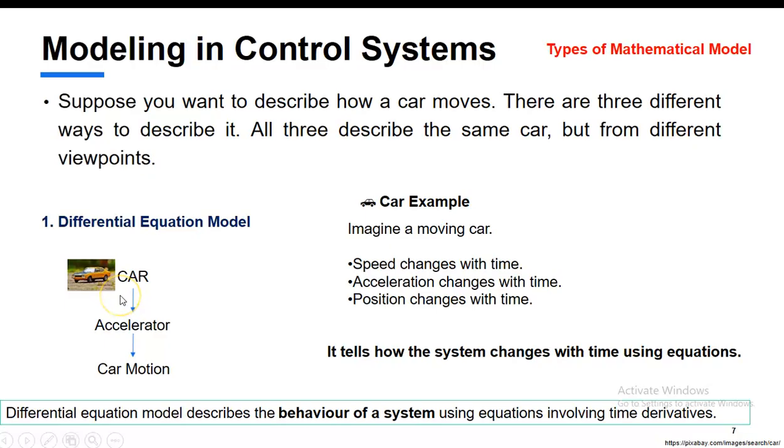Imagine a car. You are having an accelerator, then the car will move. That is, the speed, acceleration and position will change with respect to time. As a summary, the differential equation model describes the behavior of the system.